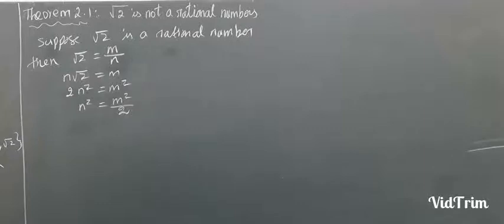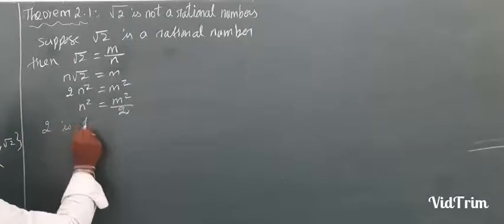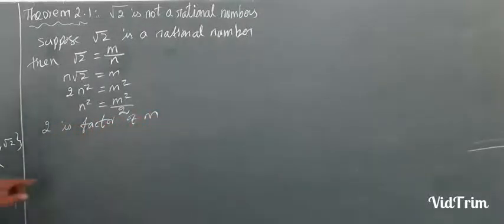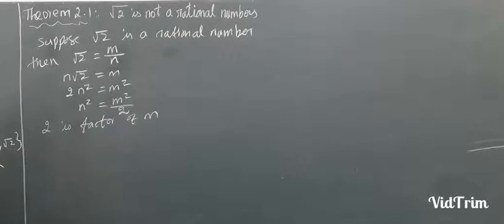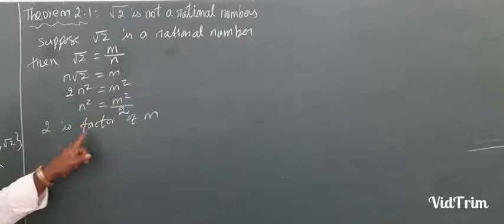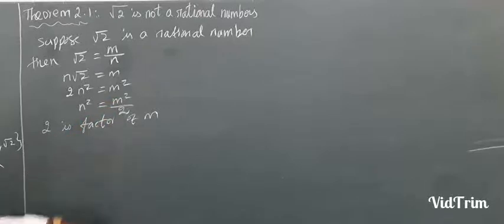That is the main concept. 2 is a factor of M. If suppose M has 4 and 8 and 16, 32, it means it will be cancelled. That's why I say 2 is a factor of M. That is the meaning of M square by 2.